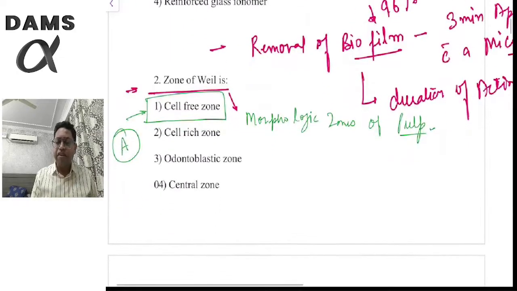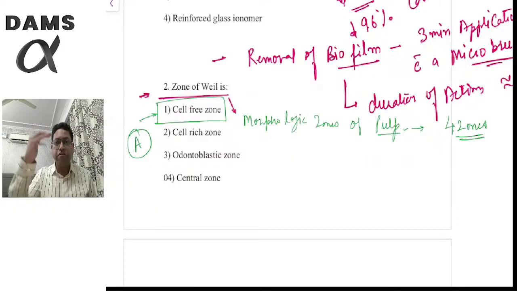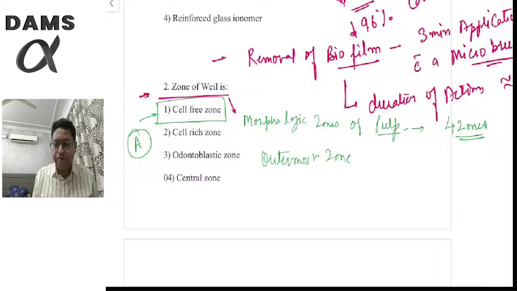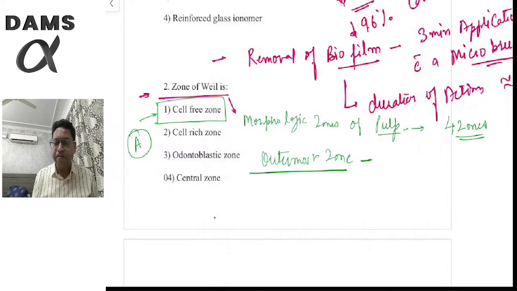Okay, if we look at the related aspects of whatever we have already seen in the different sessions, the pulp is morphologically divided into 4 zones. We normally study the pulp and divide it into 4 zones. From outside to inside, the outermost zone of the pulp is the odontoblast layer.